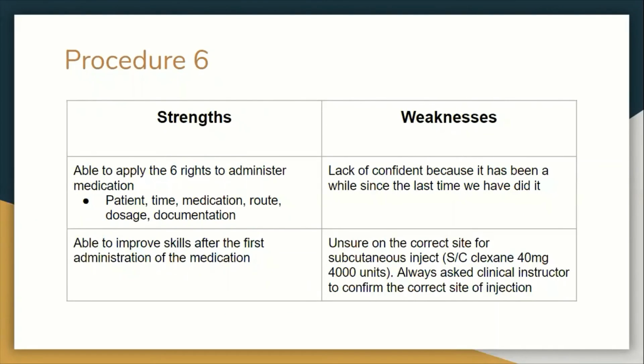For instance, it is very slow for me to withdraw the IV medication. The strength: we are able to improve our skills after the first administration of medication. The weakness: we were unsure of the correct site for subcutaneous injection, specifically subcutaneous Clexane 40 mg, 40 units, and we always ask the clinical instructor to confirm the correct site of injection.